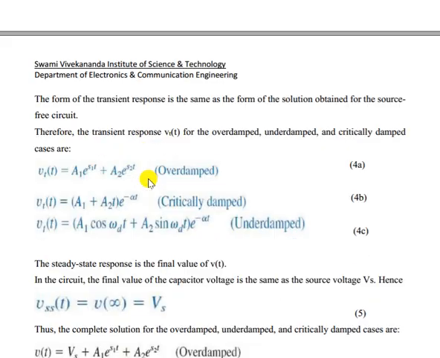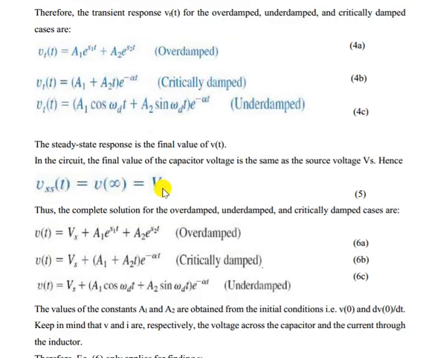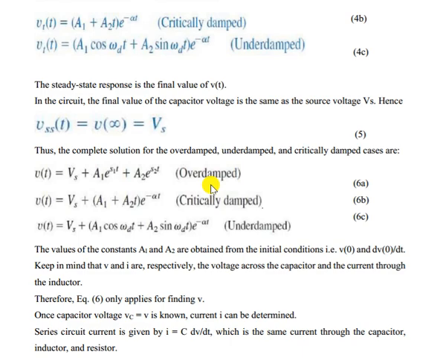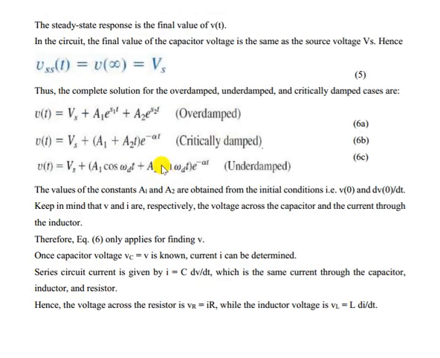Nothing but Vs. So we can write V infinity equal to Vs. That means the total response will be the transient response plus Vs. Whatever we did in the previous lecture to find the overdamped, critically damped and underdamped responses for a source free circuit, we have to apply here, and along with that we simply add the V infinity value.